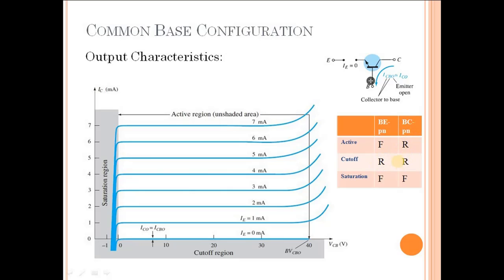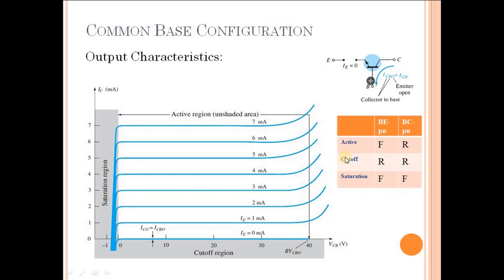In the saturation region, the base emitter PN junction is forward biased and the base collector PN junction is also forward biased. So both junctions are forward biased in the case of saturation region.